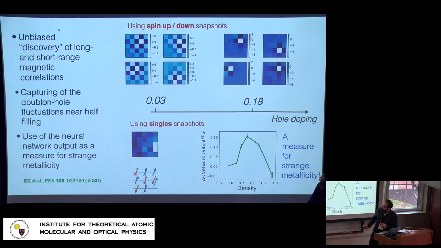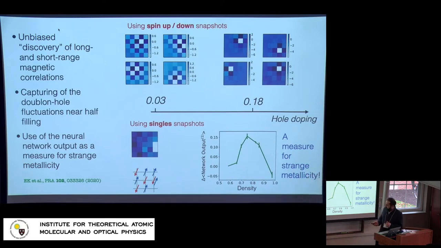So this is the type of fluctuation that was discovered earlier, and they also show up in these filters. If you go away from half filling with these local moment snapshots, things become a bit messy, and at least to the naked eye, there is nothing immediately discernible from the filters.